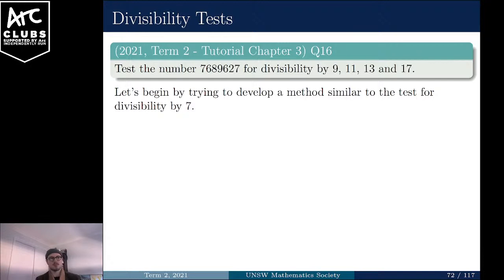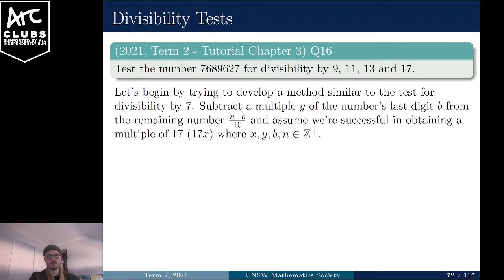Couldn't think of anything quite quickly, so then I was like, okay, what about if we try and do something like we did for 7, where you take a number off the end, you do an operation and you go, is that number divisible? And then you go, okay, well, I need to do another operation, and you keep working through it until you find something that you can say definitively this is or is not divisible by the number you're looking at.